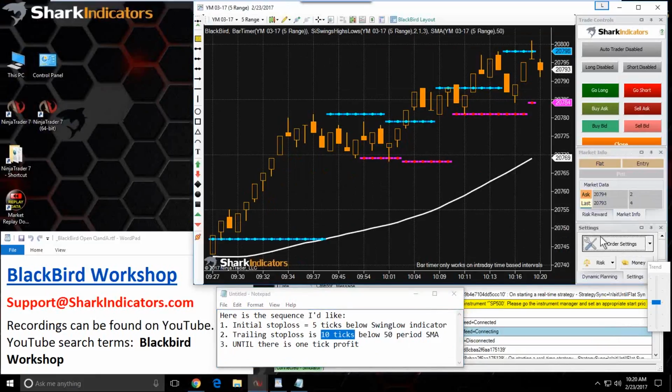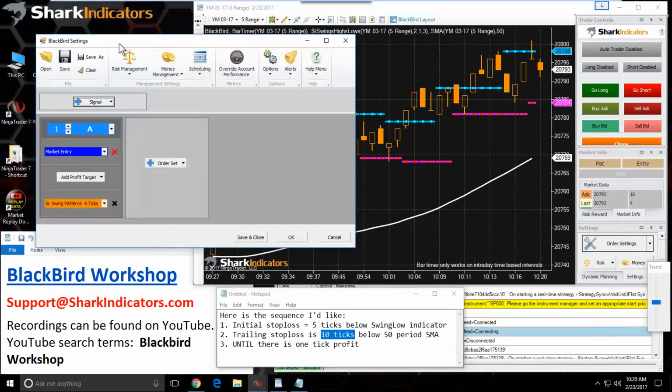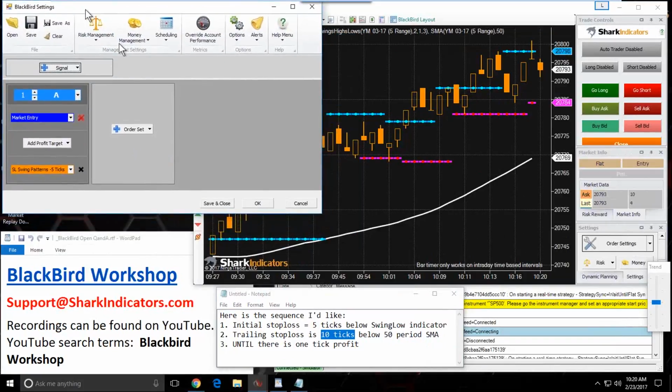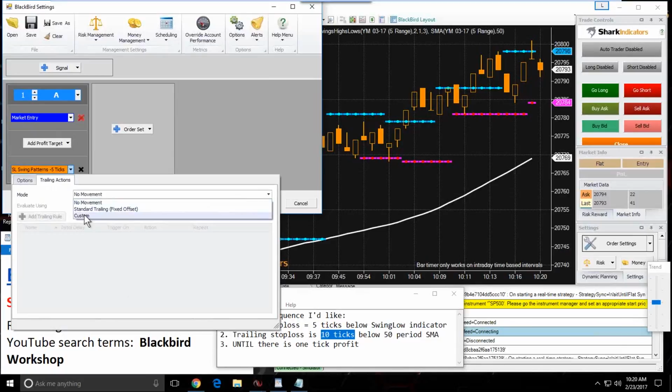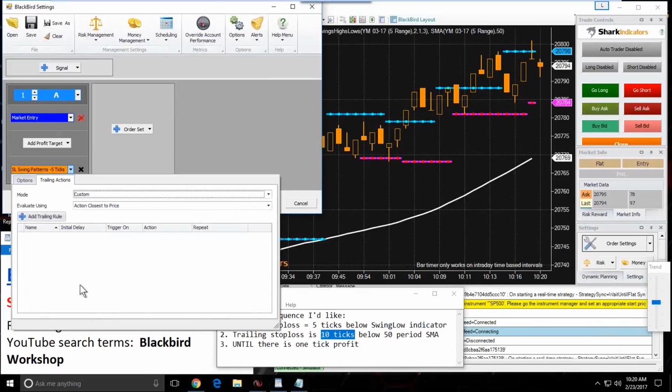Let's get BlackBird open again. Let's go into the trailing actions now because we're dealing with trailing rules. We're going to go into the trailing actions tab and build a custom trailing set of rules here.